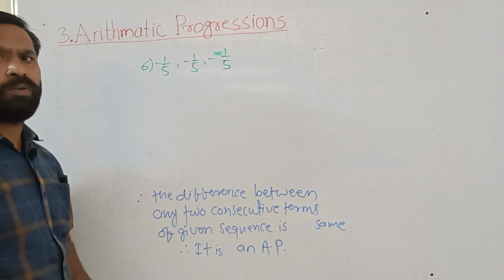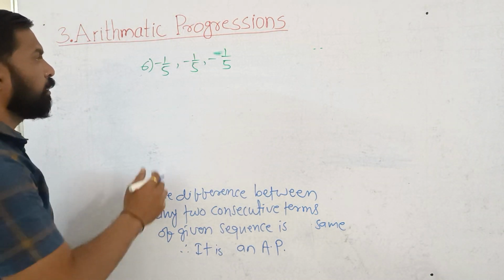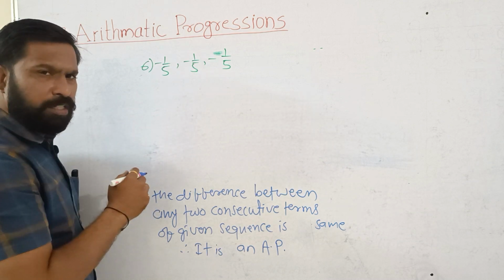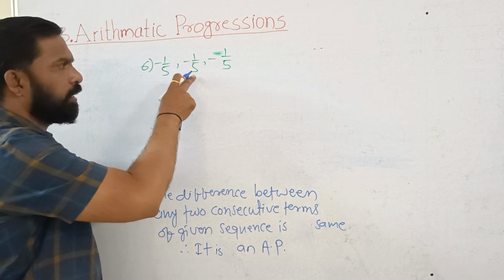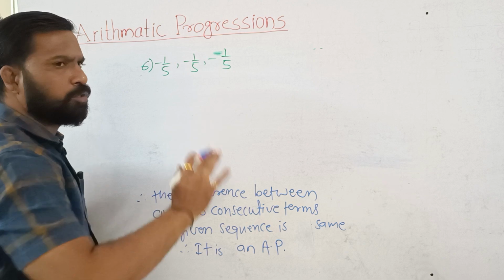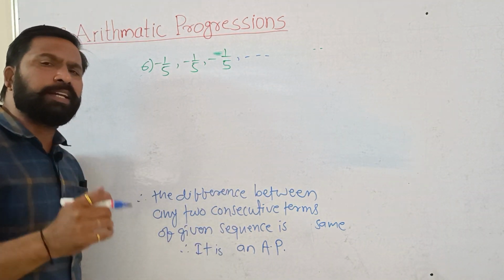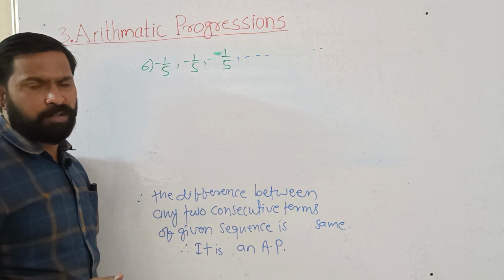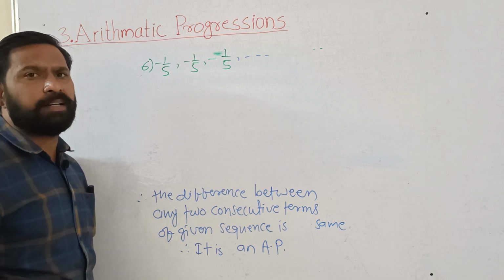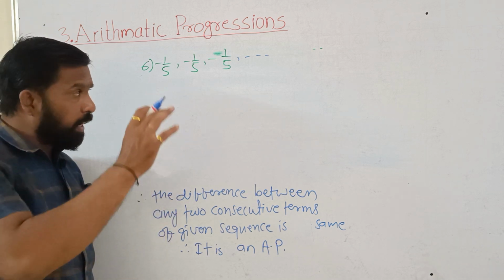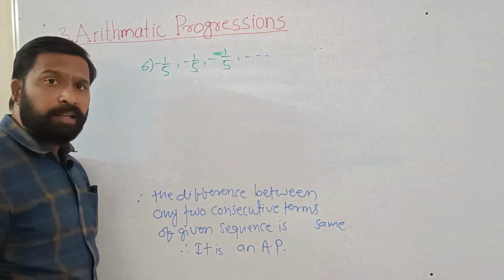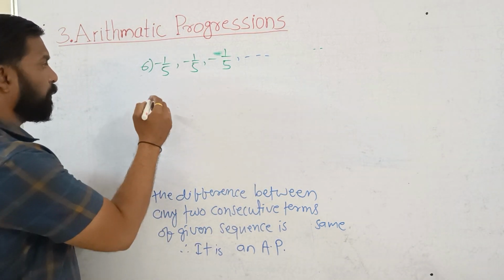So students, now we are going to discuss the sixth question. It is a very easy question. First term is minus 1 by 5, second term is minus 1 by 5, third term is also minus 1 by 5, and so on. Actually there is no increase in the sequence, or the terms are increasing by 0. Every time the previous term is increasing by 0, the difference will remain same.